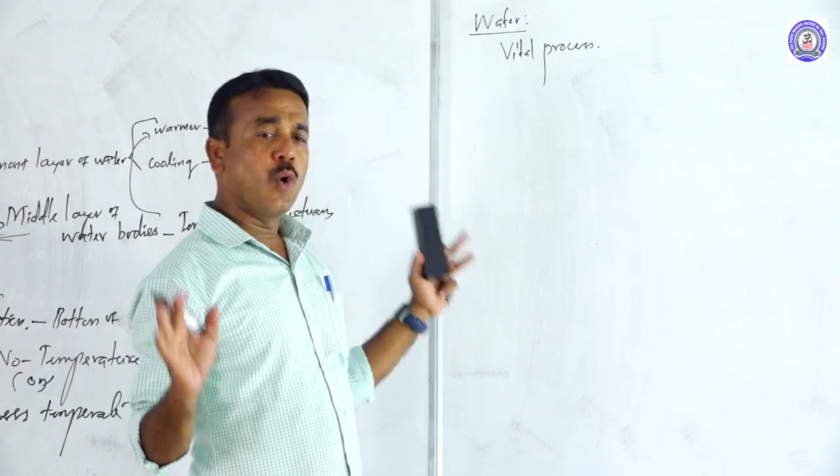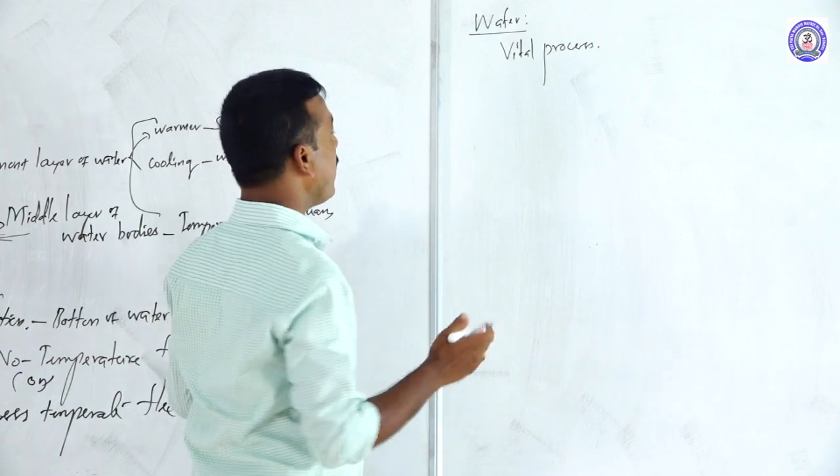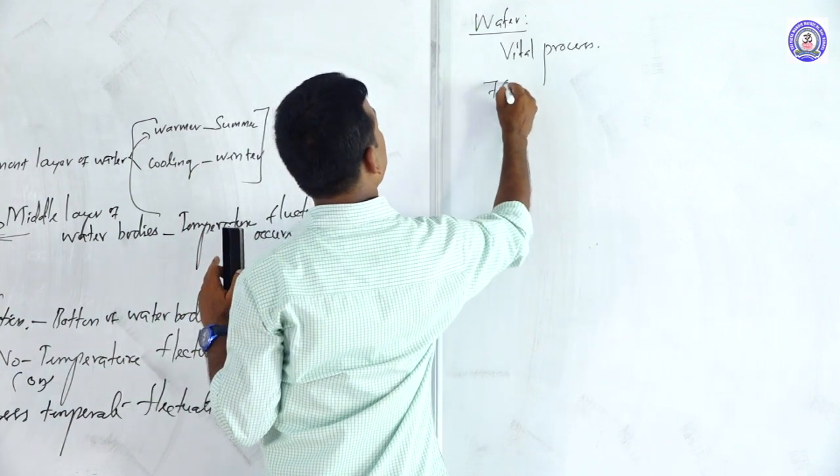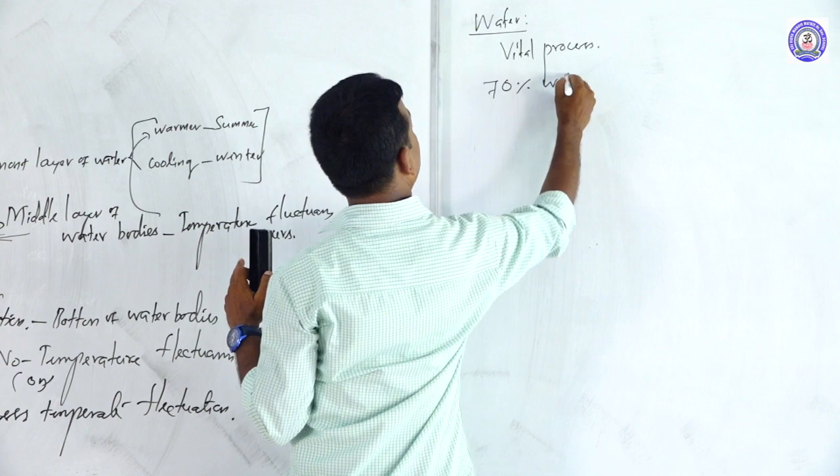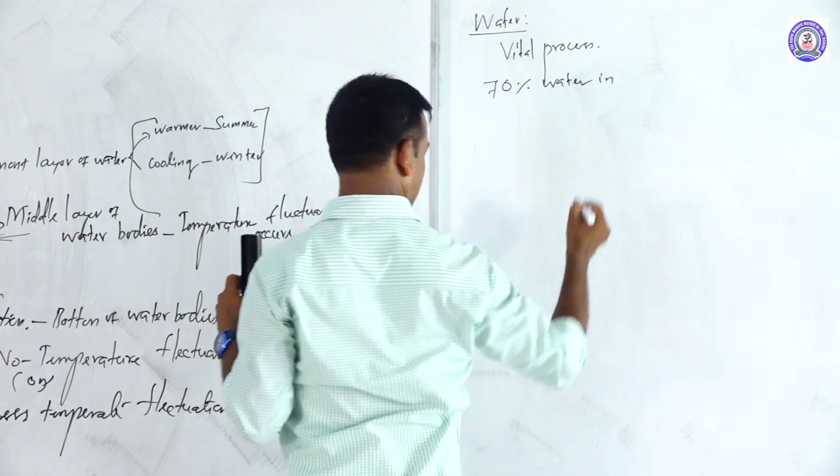The whole globe is occupied by 70% water in the world.